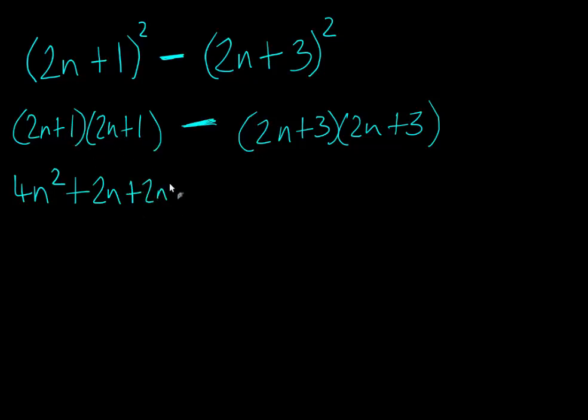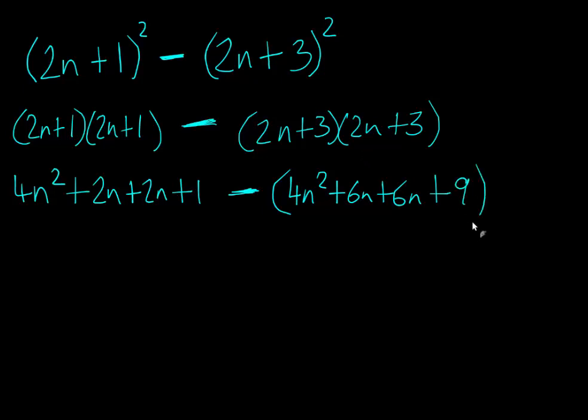And then 1 times 1 is 1. And then we're subtracting the whole of whatever we get from this. So 2n times 2n is 4n squared. 2n times 3 is plus 6n. Another 6n. And a plus 9.